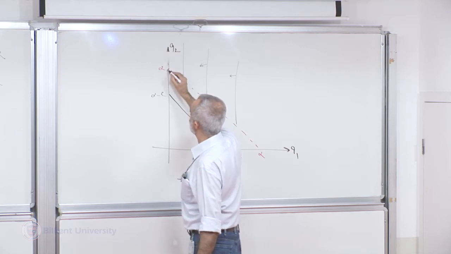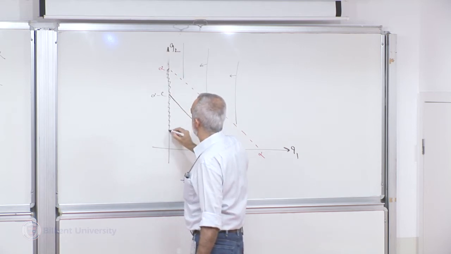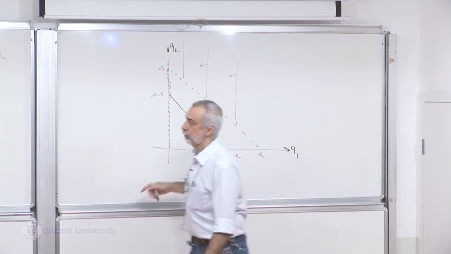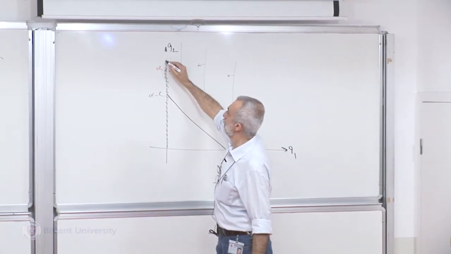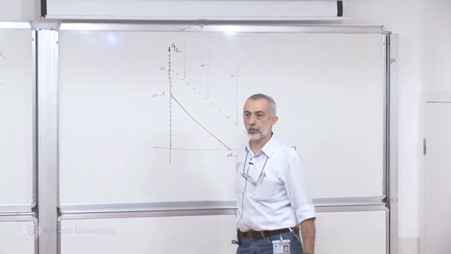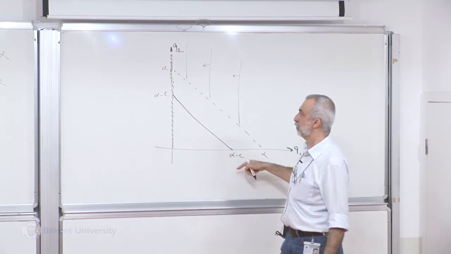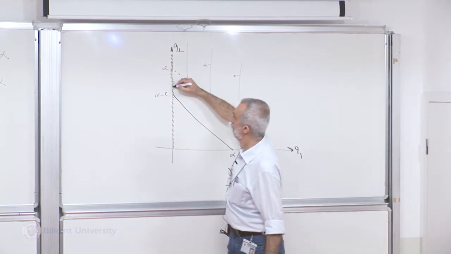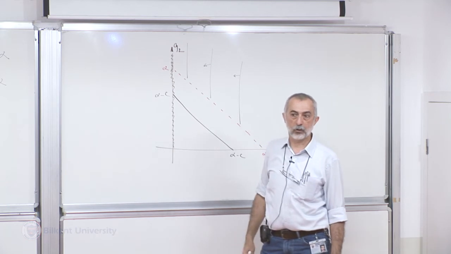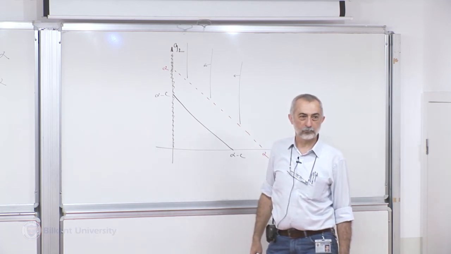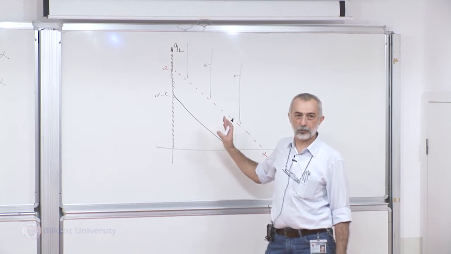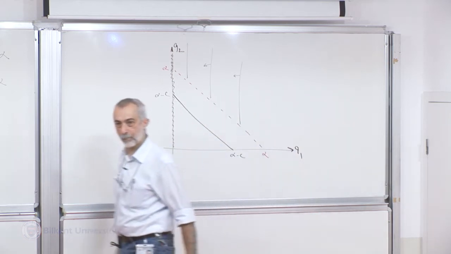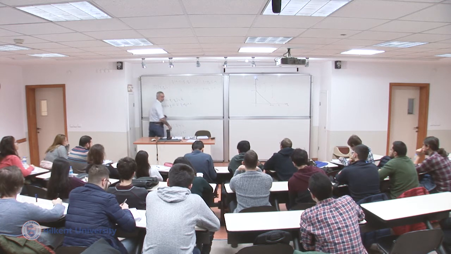Actually, it's this region. But when Q1 is equal to 0, profit in this region is also equal to 0. So this indifference curve continues up that way. So this is one indifference curve on which profit is equal to 0. Not the kind of indifference curves that we're used to in economics. Any questions?